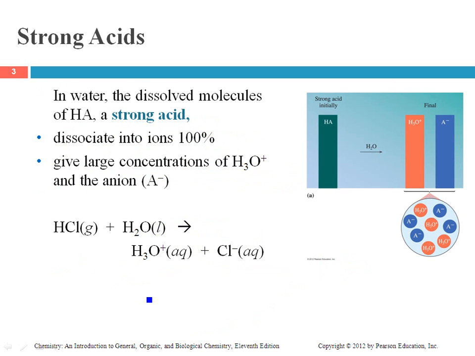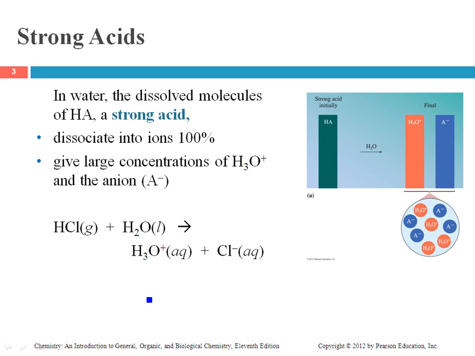So in water, the dissolved molecules of a strong acid completely dissociate, 100%, and this just shows you a graph of this. So 100% of the ions are formed from your initial strong acid. If you look at your list, you've got a list of strong acids there for you. So you have nitric acid, sulfuric acid, hydrochloric acid, perchloric acid.